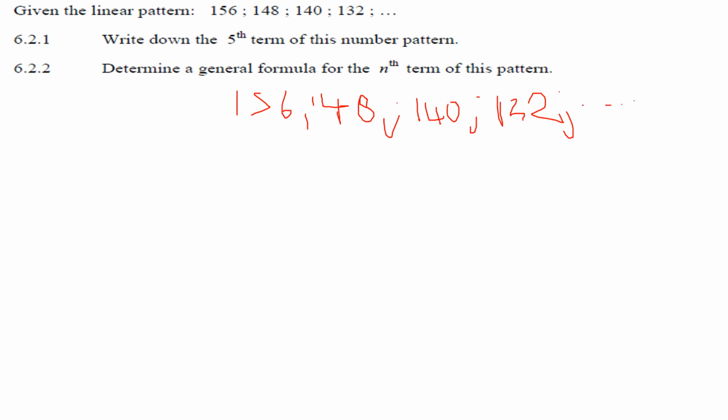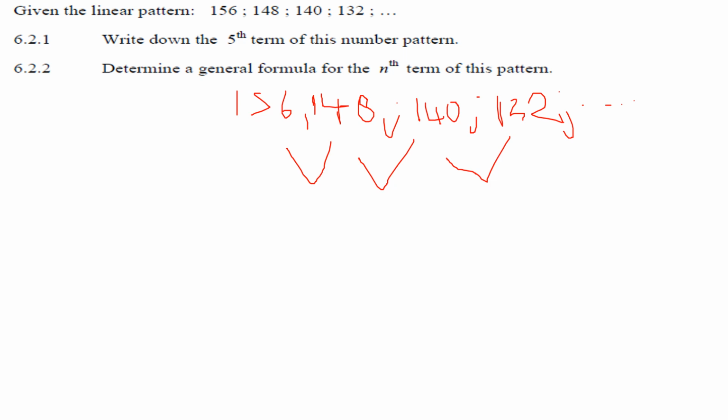They told us this is a linear pattern, so the difference between consecutive terms will be constant. By just finding the difference between the first two terms, you'll know that this is equal throughout.